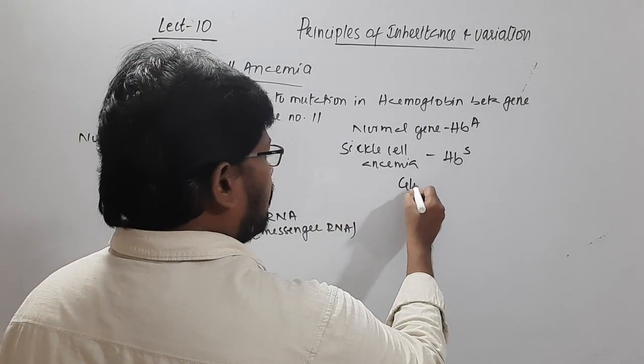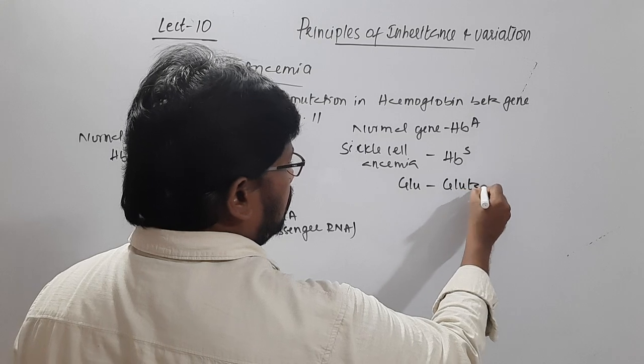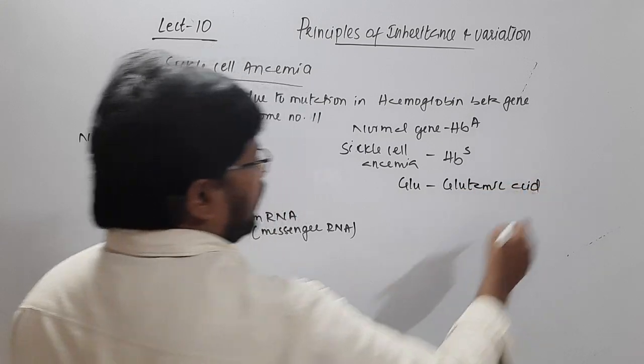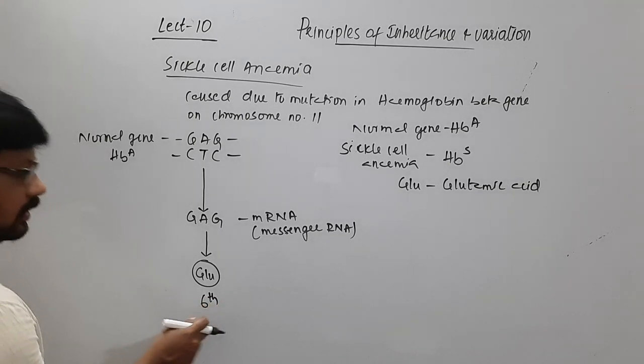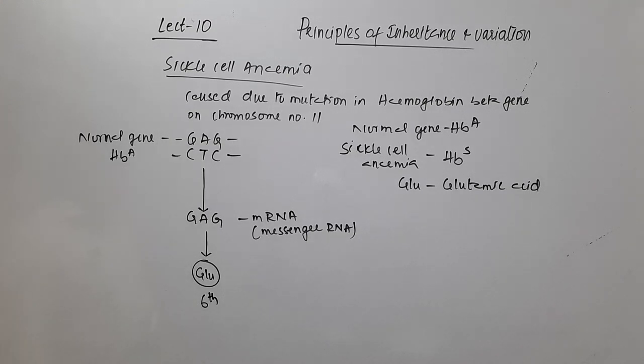This GLU stands for glutamic acid, and this glutamic acid is present at the sixth position in the beta globin chain.